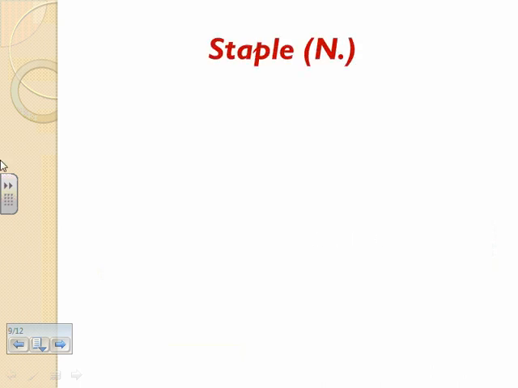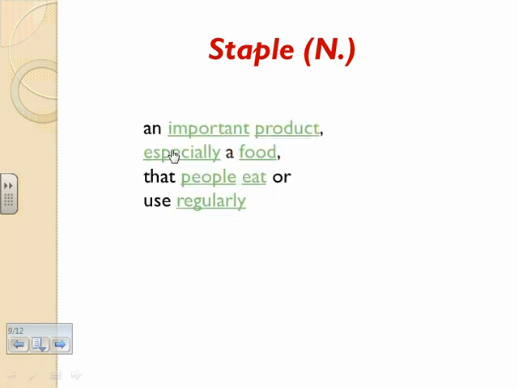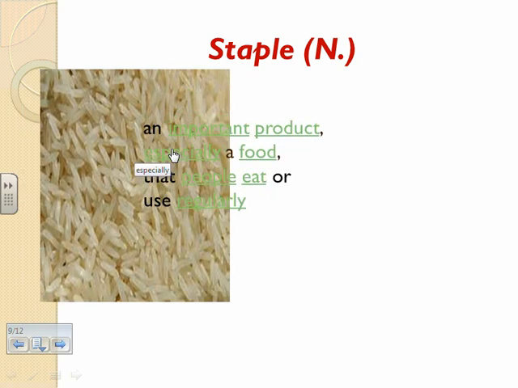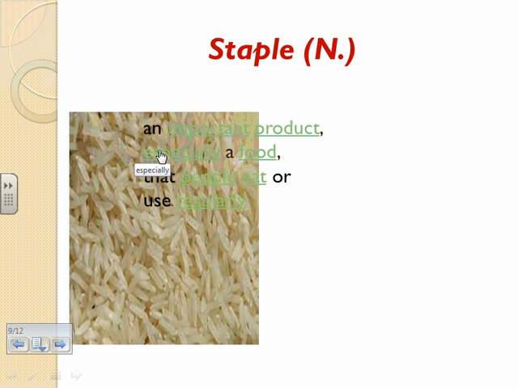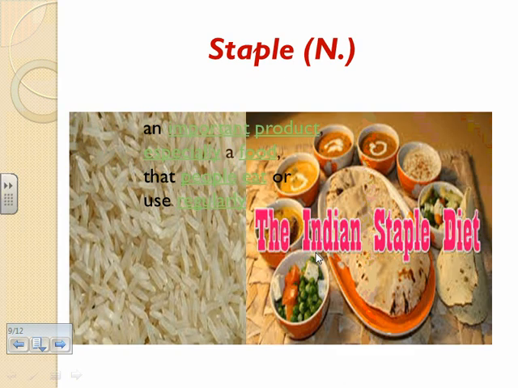Look here. Staple. What's staple? A staple, not a stable. There's a difference. As you see from the image, this is the Indian staple diet. Diet here doesn't mean diet to lose weight. Diet means a way of eating, a system of eating.